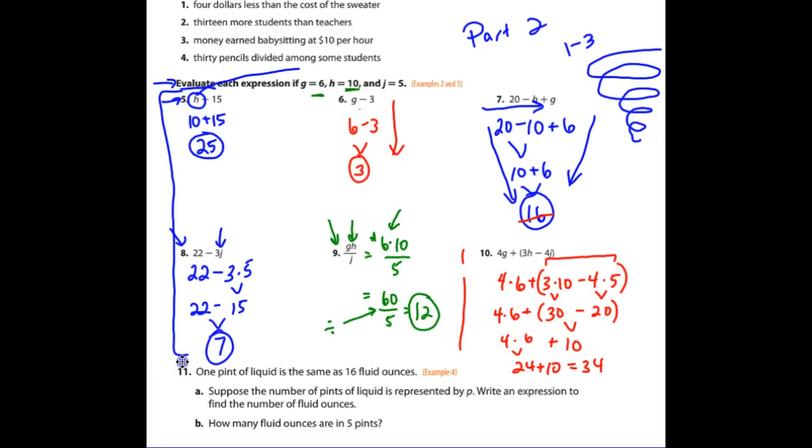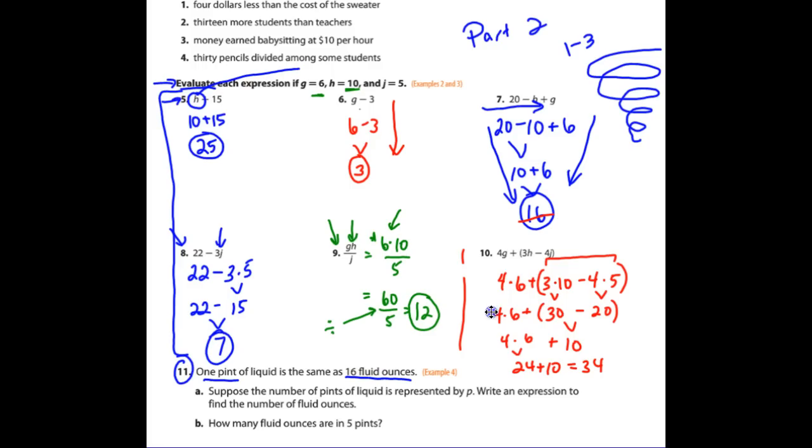Okay, and that wraps up my examples for just evaluating problems. And then let's finish up here with number 11. This says 1 pint of liquid is the same as 16 fluid ounces. And then A says, suppose the number of pints of liquid is represented by P. Write an expression to find the number of fluid ounces. All right, well, 1 pint would be 16 ounces, right?